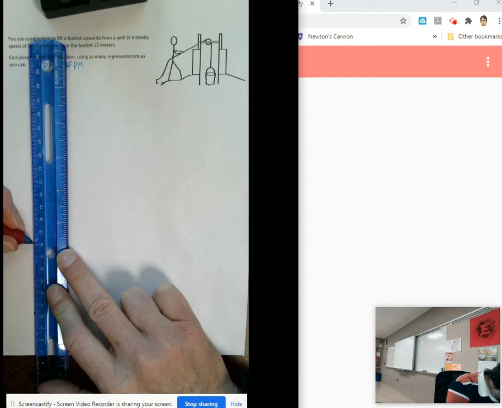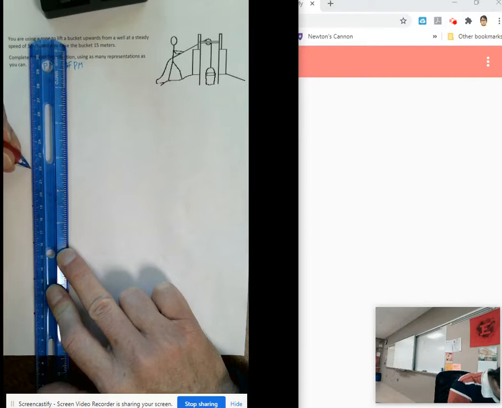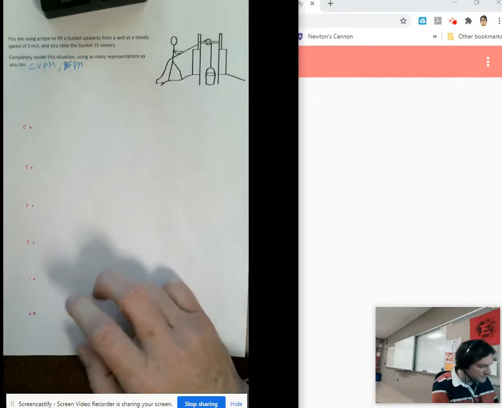After 2 seconds, it's gone 6. And then I just need to go every 3 meters. So that's 0 seconds, 1 second, 2 seconds, 3 seconds, 4 seconds, and then the fifth dot at 5 seconds.